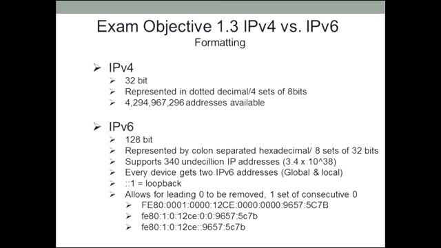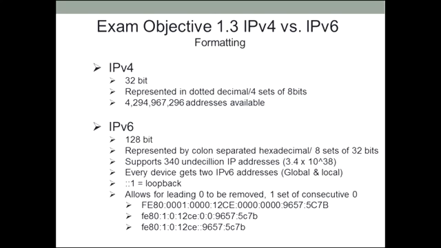Pretty simple. So now we're going to talk about some other formatting tricks with IPv6. Since it's 8 sets of hexadecimal, that's a lot of digits. They said, wow, that's going to be kind of tough for people to remember.